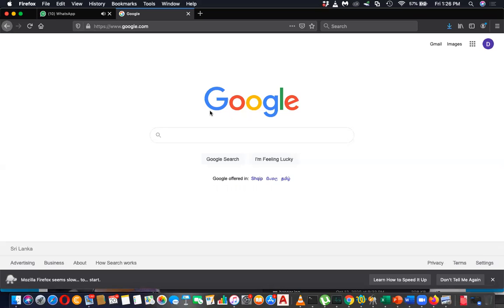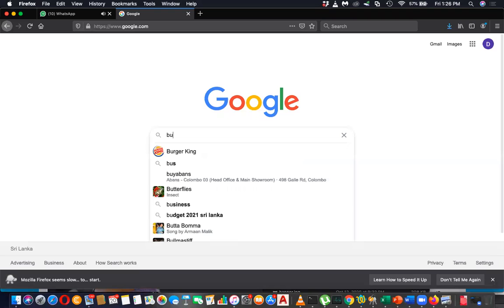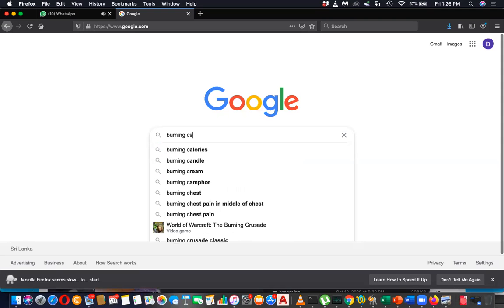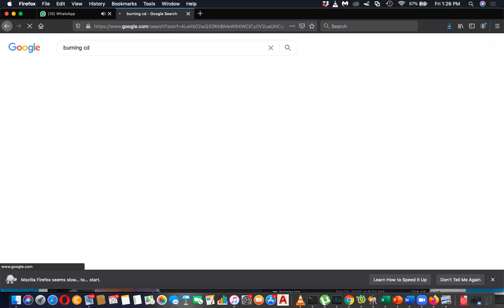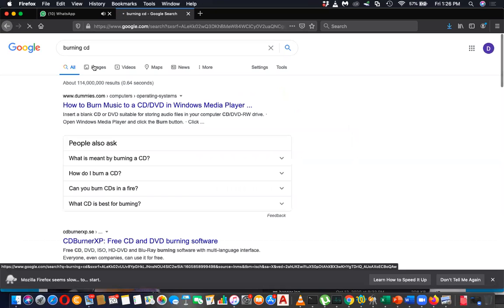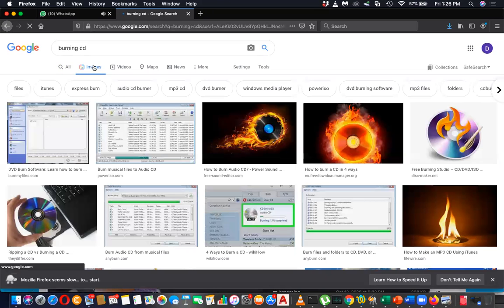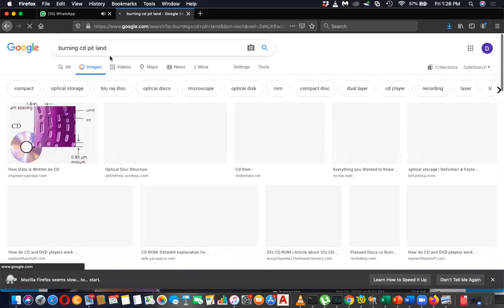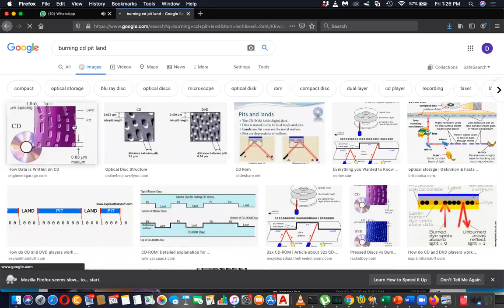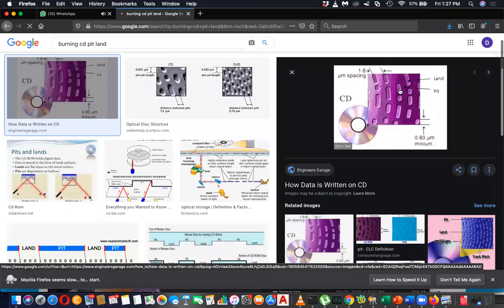Okay, so let's go to burning in a CD or DVD. Let's say pit and land. Can you see this image? You can see the pit.